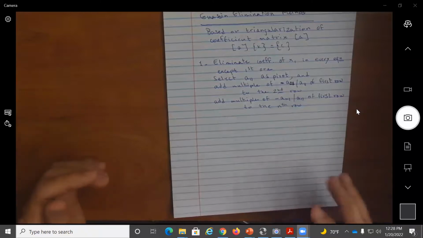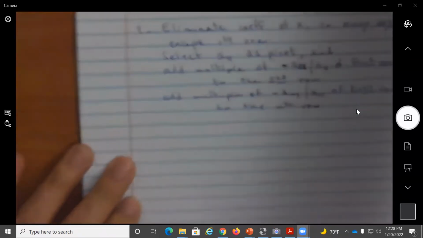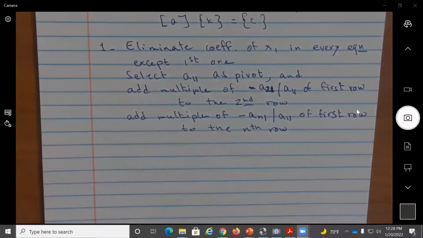Basically, I'm going to do that for each row below the first row. If I follow this procedure, I'm going to end up with the first column in the A matrix all 0 except A11, right?